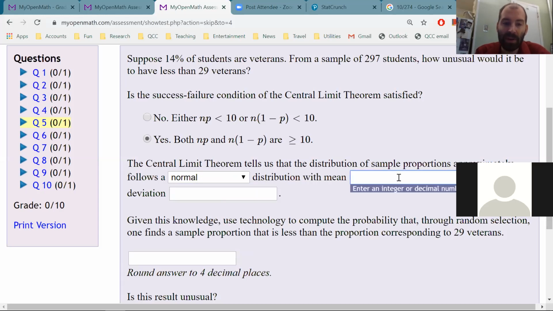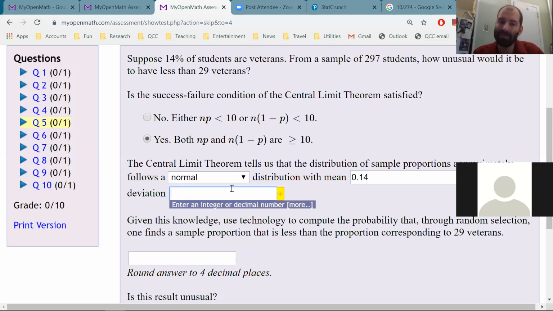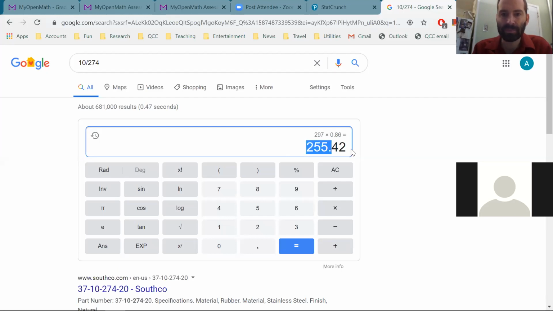The central limit theorem told us that the mean was p. Remember what was on that slide that I showed you just a moment ago. And what was p? p is 0.14. And what's the standard deviation? Well, the standard deviation was that little more complicated thing. It was the square root business, right? So let's go compute that.